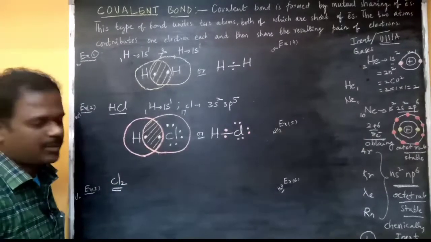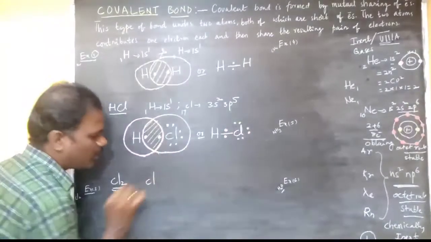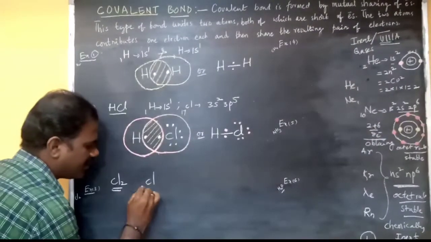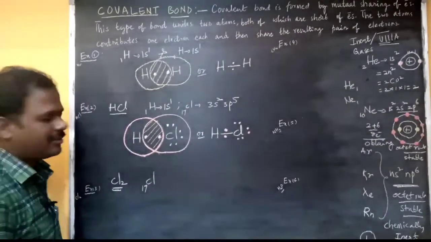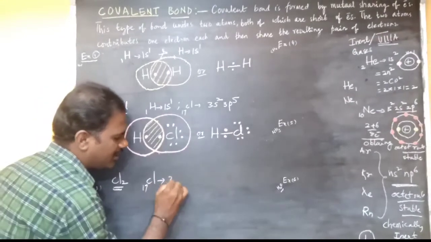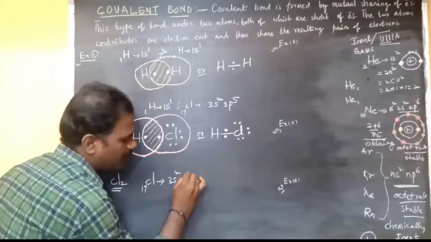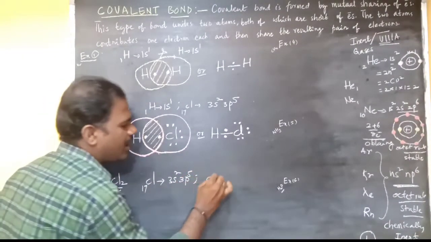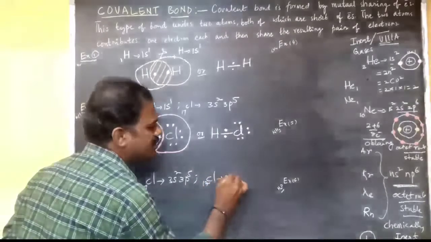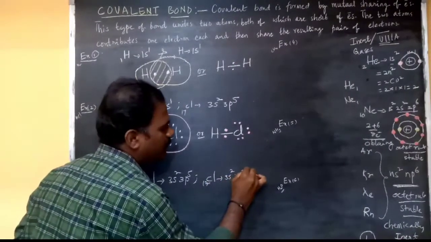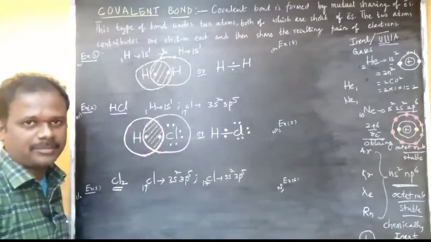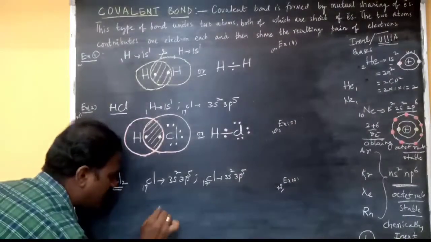Chlorine molecule. In this chlorine molecule, the chlorine atom has atomic number 17, with 3s2 3p5 for one chlorine, and another chlorine also has 3s2 3p5 valence electronic configuration. Now we can represent it with the dot model.